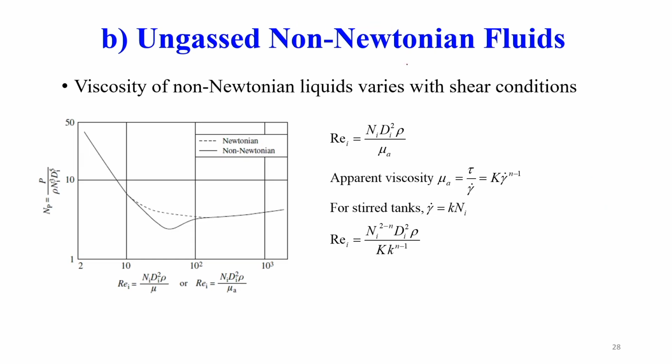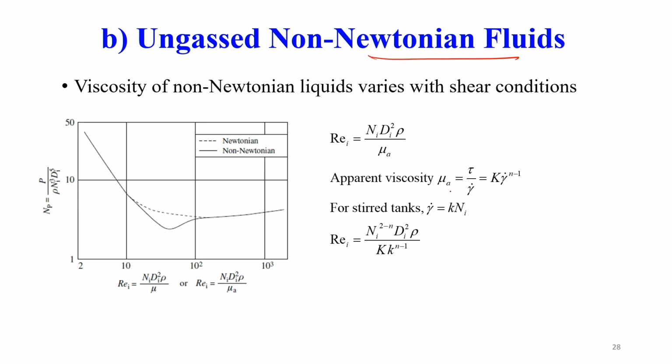Now the next case comes in where the fluid is non-Newtonian, the ungassed system and non-Newtonian. So as you know how viscosity is defined, we are going to define apparent viscosity like this. Viscosity is defined as a ratio of shear stress divided by the shear rate or velocity gradient.